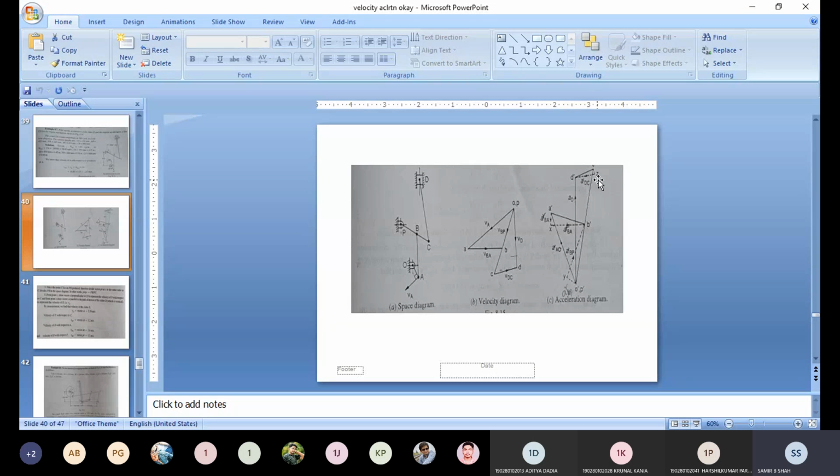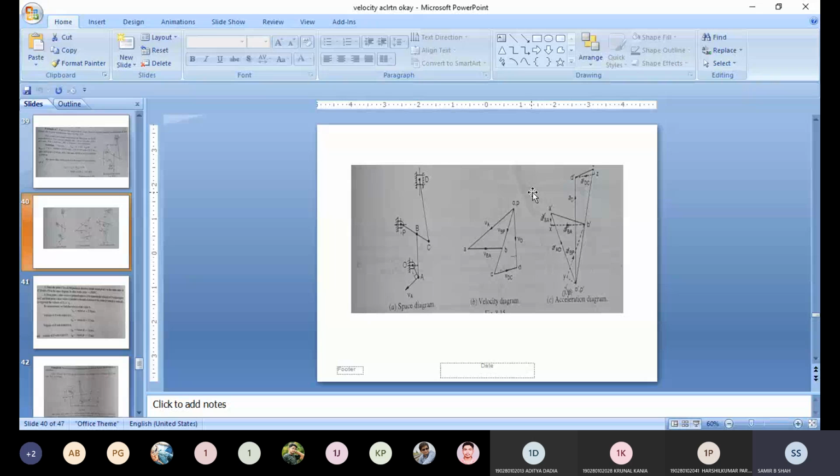Based on that, we take the respective scale and get the point Z. After that, from point Z, draw ZD dash perpendicular to vector C dash Z or CD, to represent the tangential component of the acceleration of D with respect to C, but its magnitude is unknown here, so we just draw this line in this way.